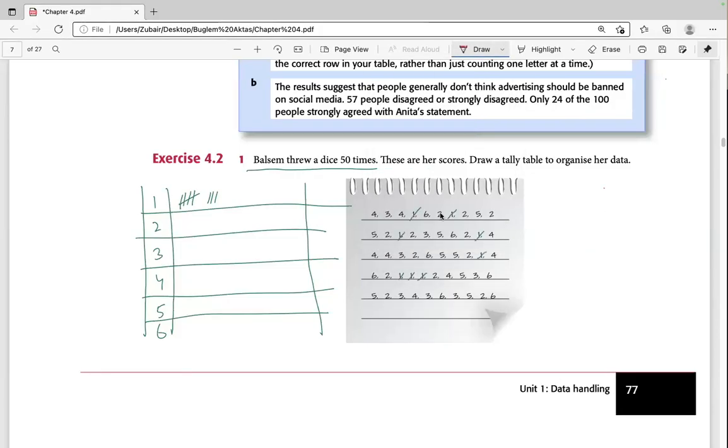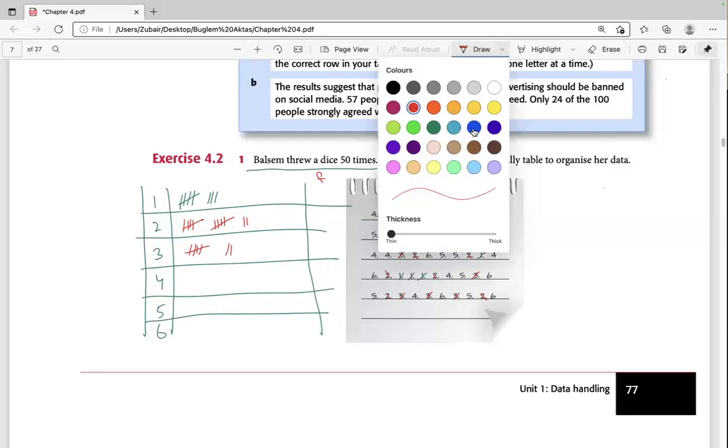Let me count these twos. 1, 2, 3, 4, 5, 6, 7, 8, 9, 10, 11, 12. Now threes: 1, 2, 3, 4, 5, 6, 7. I'm not writing these numbers exactly because I have to see if I don't miss any.